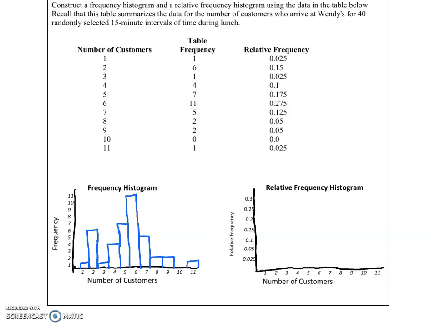So one customer has a relative frequency of 0.025. 2 customers has 0.15. 3 customers is 0.025. 4 customers is 0.1. 5 customers is 0.175, which is halfway between 0.15 and 0.2. 6 has a relative frequency of 0.275, which is halfway between 0.25 and 0.3.